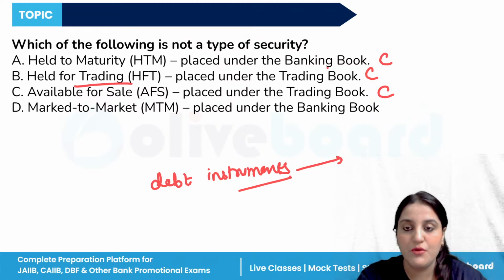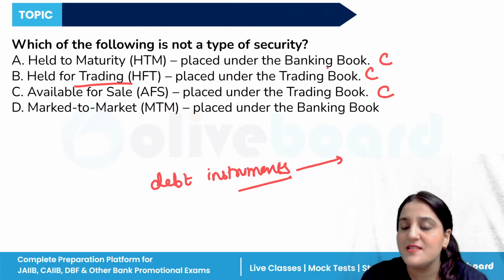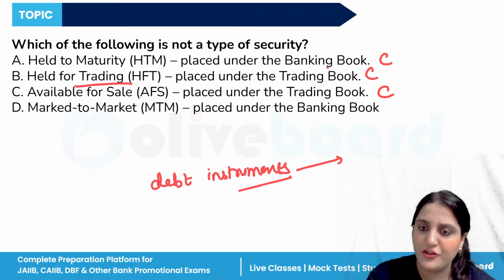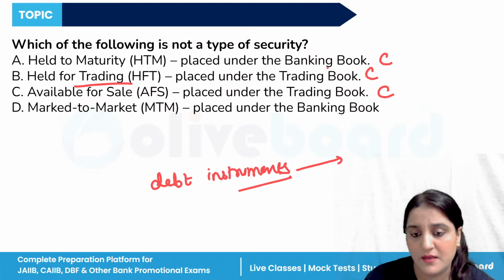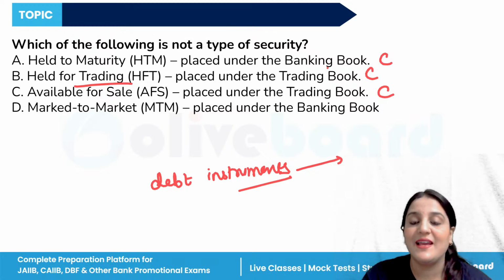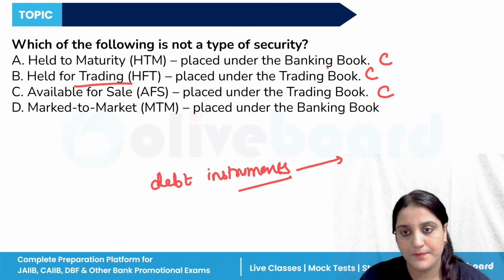AFS securities are not necessarily held for trading but can be sold or transferred depending on the market conditions. They are valued at fair value with unrealized gains or losses recorded in equity.